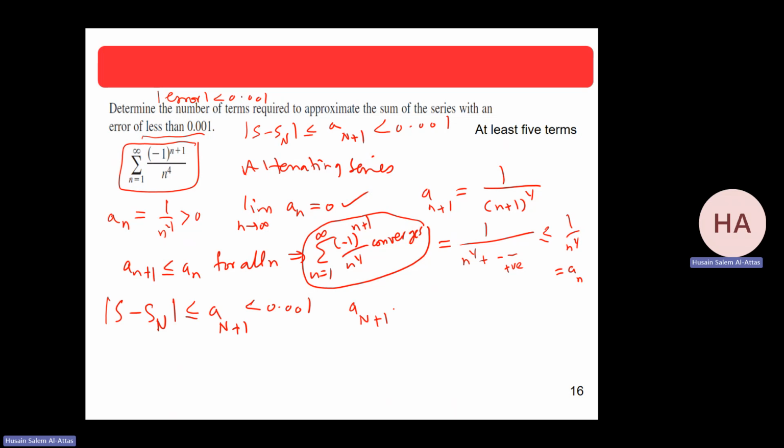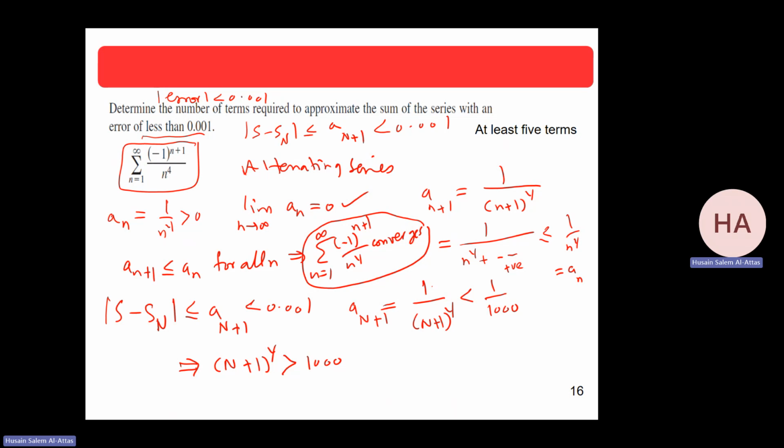It's 1 over n plus 1 to the power 4. So I want this to be less than 1 over 1000. So I need n plus 1 to the power 4 greater than 1000.